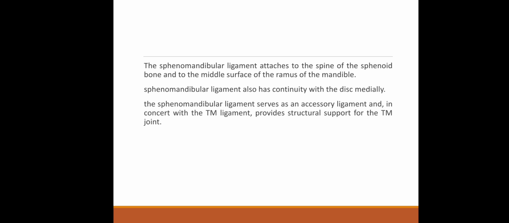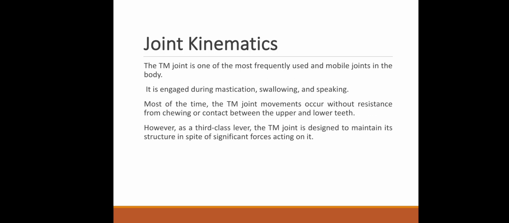It also has continuity with the disc medially. This ligament serves as an accessory ligament and is a contributor to the temporomandibular ligament, providing structural support of the temporomandibular joint.